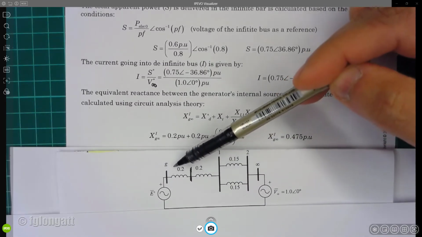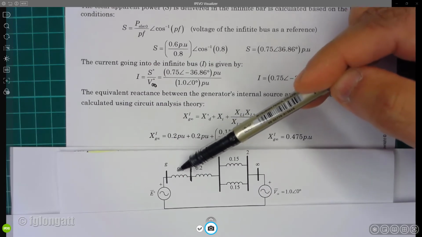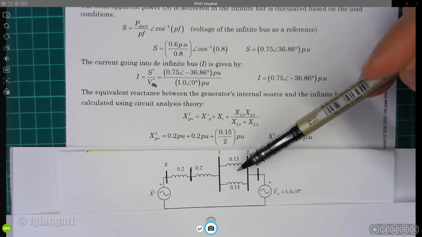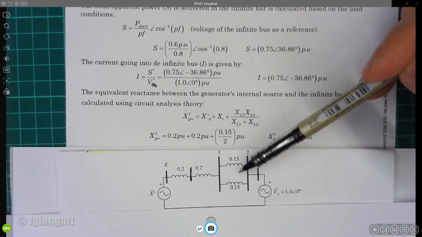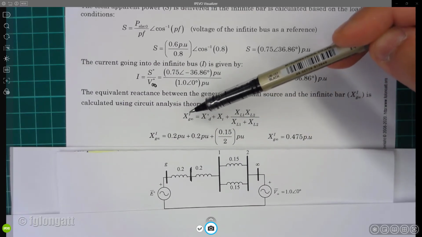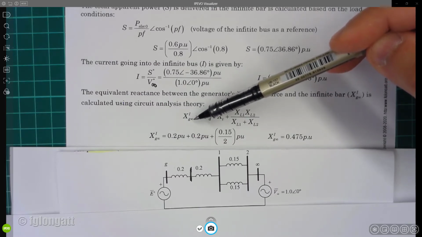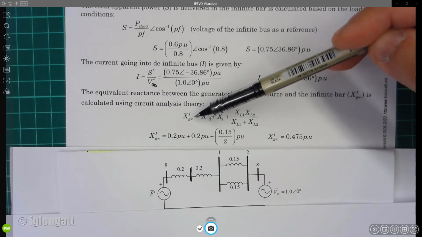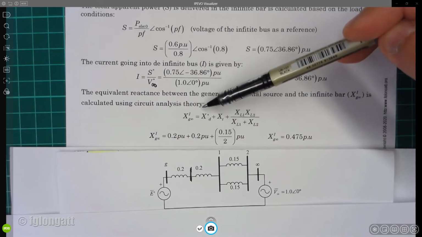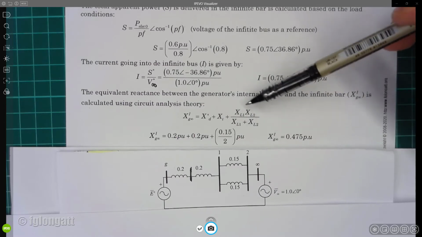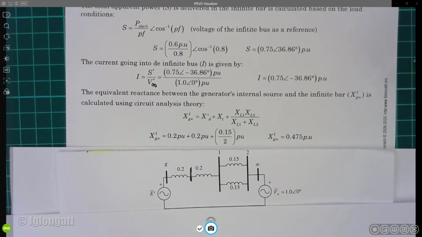It's very simple: circuit analysis. Those devices are in series, and then connected in series with the parallel combination. The total impedance interconnecting the internal voltage of the generator and the infinite bus bar is the transient reactance plus the transformer reactance plus the parallel of the two lines.